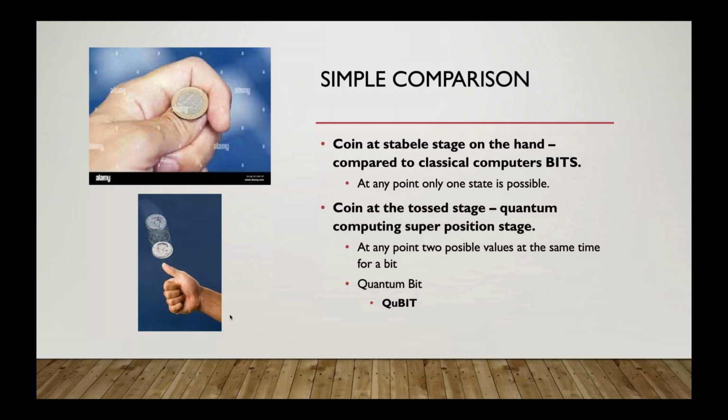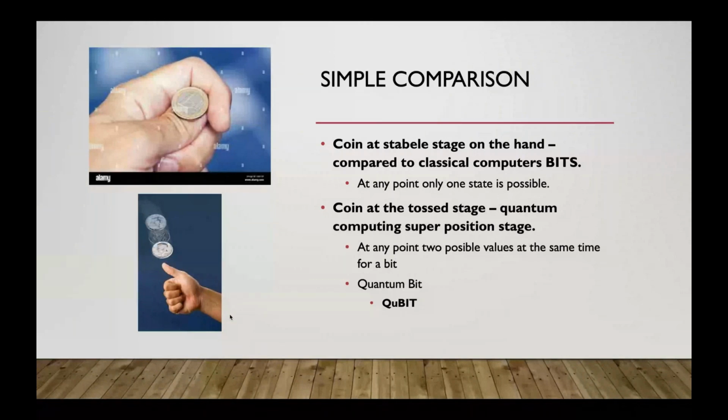In the tossed state, it can hold both heads and tails. Because it is a special kind of property at a special stage, these are termed quantum bits. So the quantum bit, the qubit, is the basic premise of quantum computers.